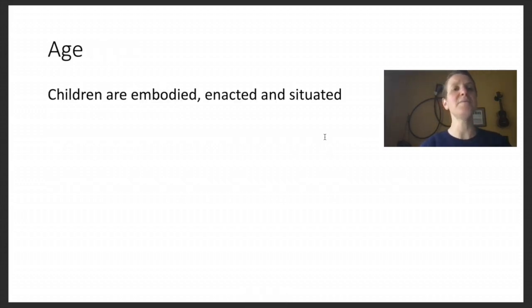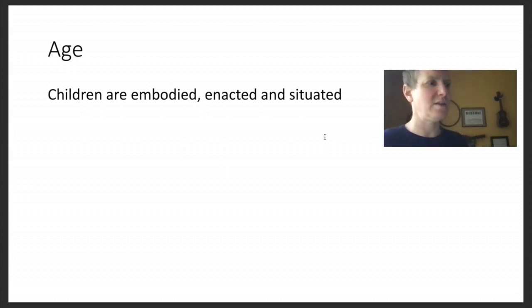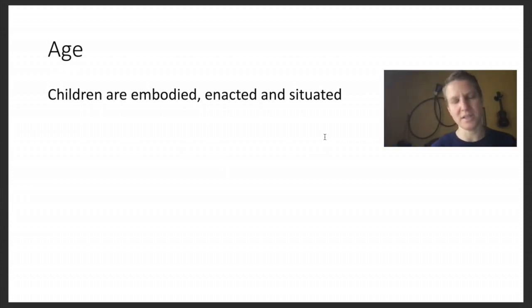Then we moved on to talk about age. We read an article, the Children in Health article, that said that children are embodied, enacted, and situated, and that this leaves them uniquely vulnerable and warranting distinctive medical approaches.